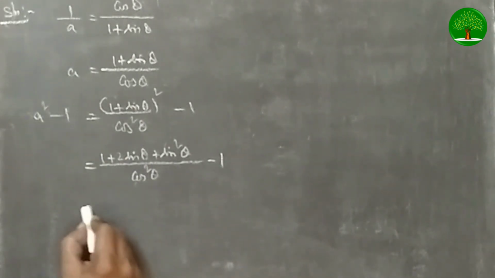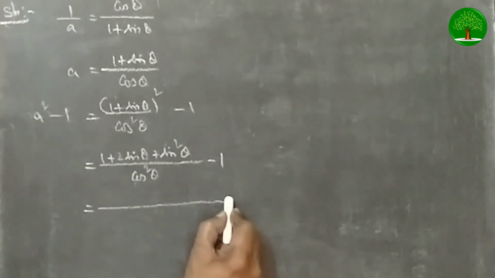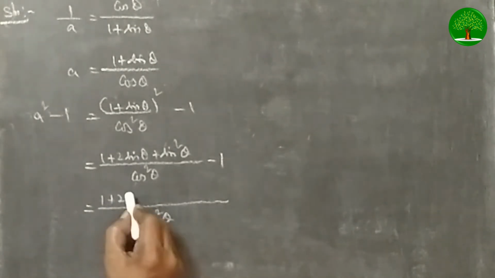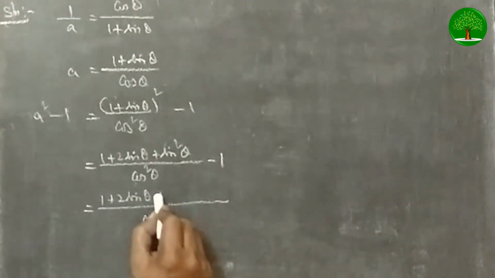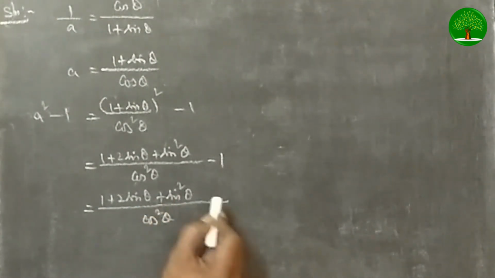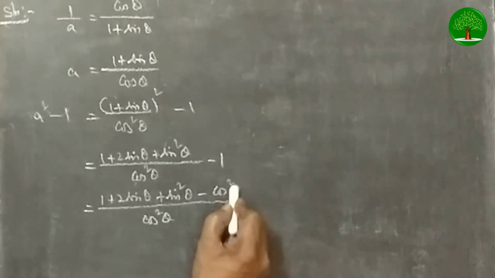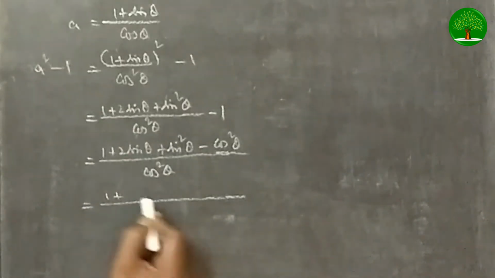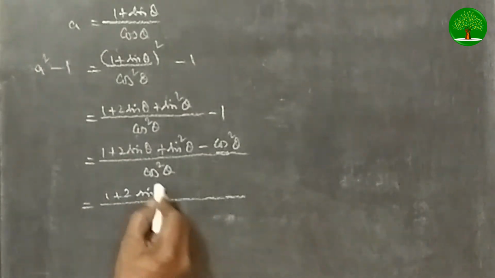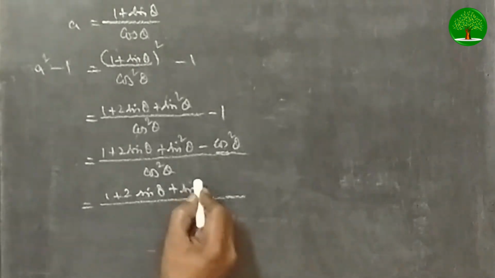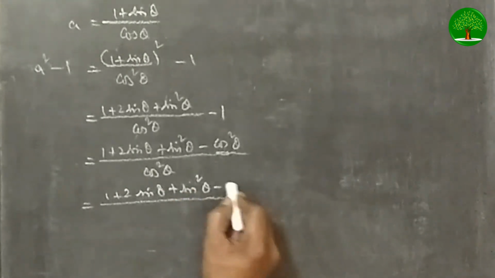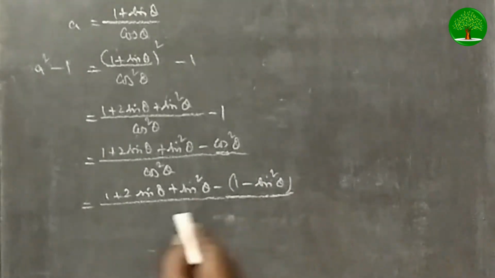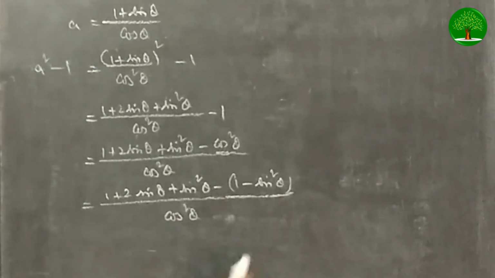Now taking LCM, this is 1 plus 2 sin theta plus sin square theta minus cos square theta by cos square theta.